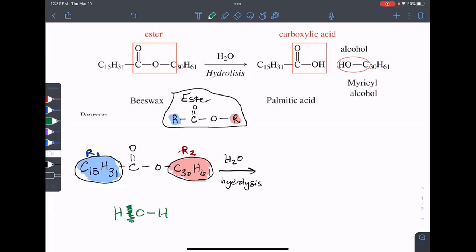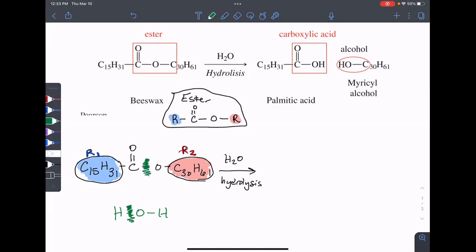And so what's going to end up happening is that you're also going to break this big ester molecule. And you're going to break the ester on one of the sides of the oxygen, just like you did in water. So water, we could have broken it here, or we could have broken it there. It doesn't matter. But on one side or the other of the oxygen. So let me do the same thing on the ester. I'm just going to do it right here.